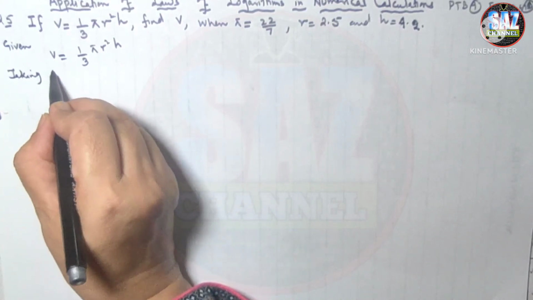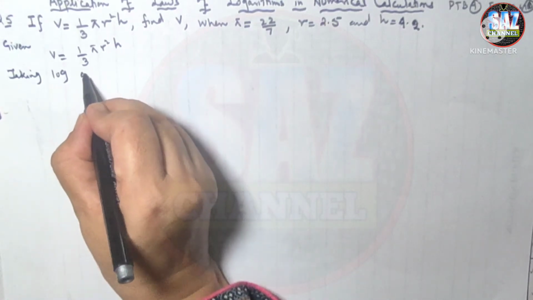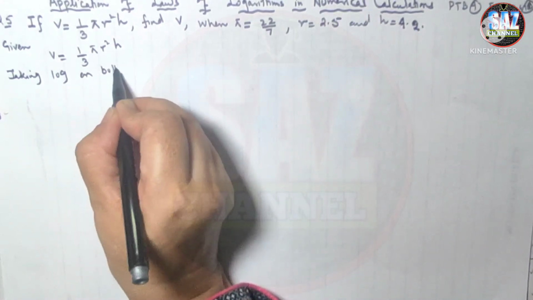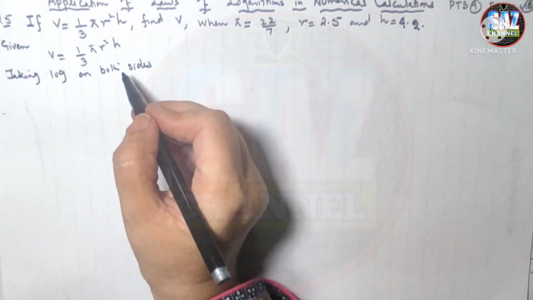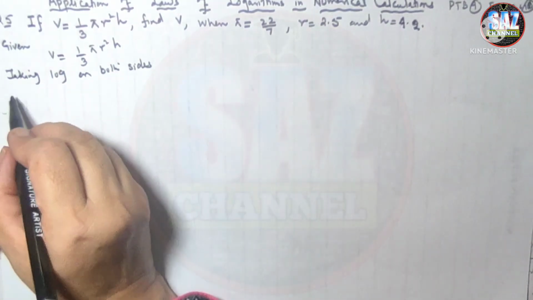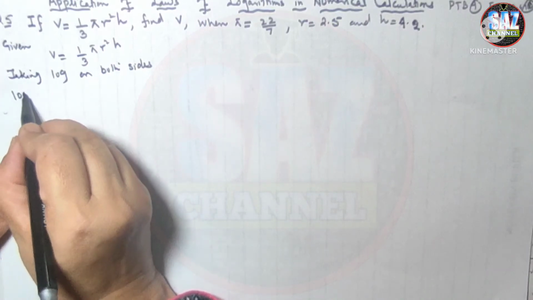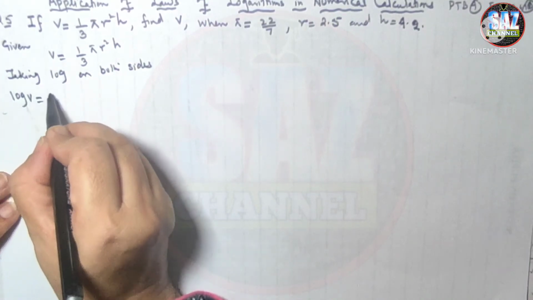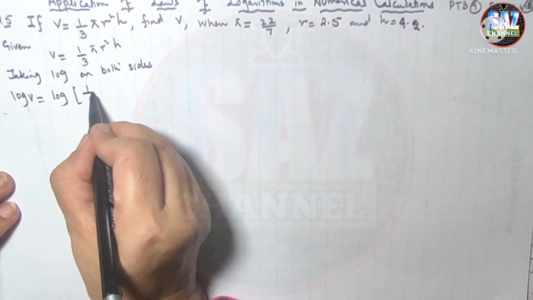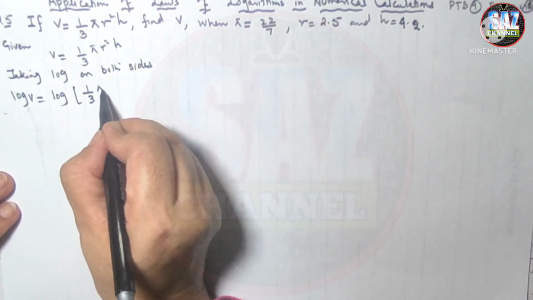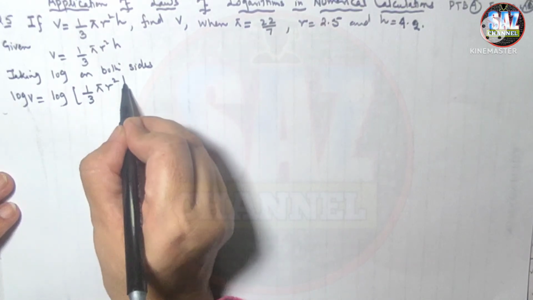Taking log on both sides, it's good to give the message to the examiner so that he can understand that what we are going to do. Log of V equals to log of this whole quantity 1 by 3 pi r square and h.